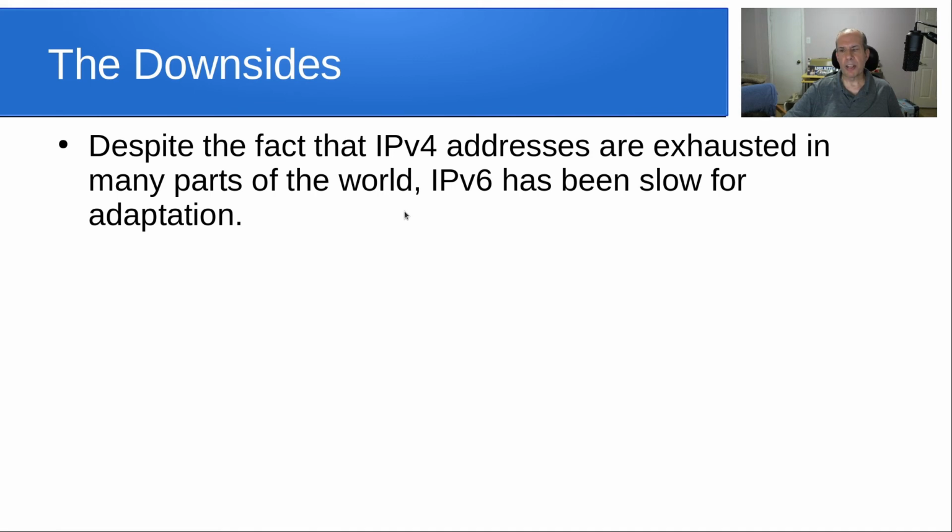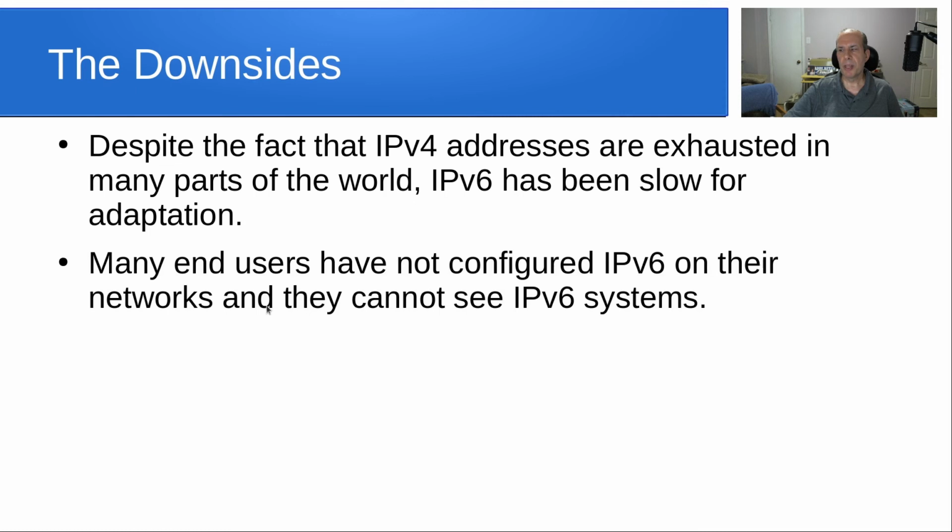Although ISPs have it, it's not necessarily configured for end users. And in point of fact, when you go look at your router, if you notice that IPv6 is turned off, your ISP may be providing it to you, but unless you've turned it on in your router and also turned it on the LAN, you're not going to be able to see IPv6 systems out on the internet.